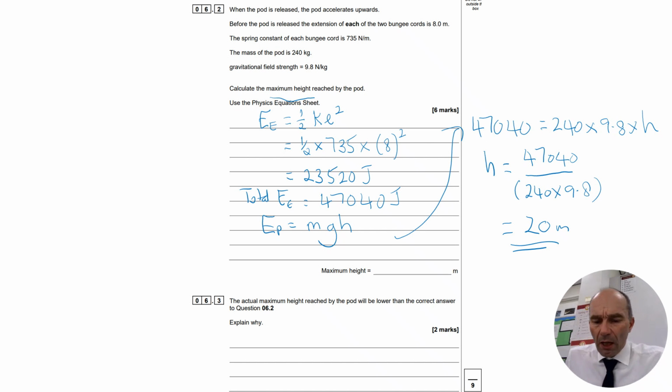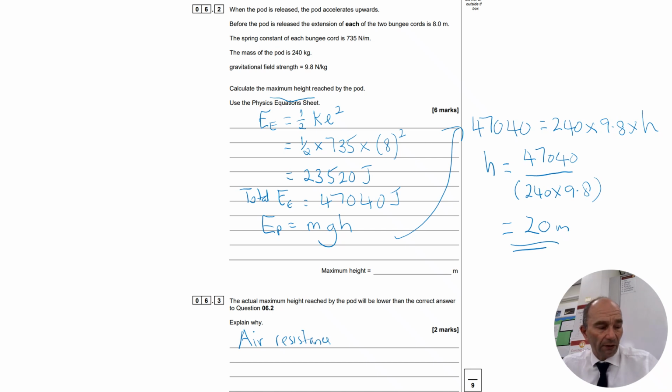Okay, now on 6.3, the actual maximum height reached by the pod will be lower than the correct answer that we calculated. So it's going to be less than 20 meters. We need to explain why. And of course, this is all to do with unwanted energy losses. So anything moving, there's going to be drag or air resistance.